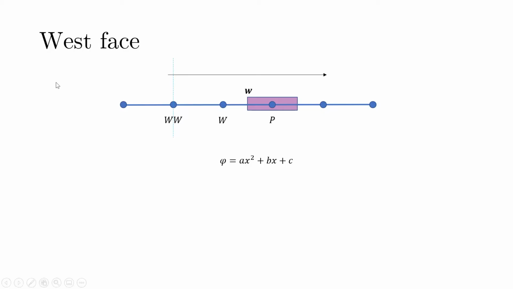What I am doing now, in order to get the values of a, b and c, is I temporarily assume that this point is the origin here, and if my grid spacing is uniform, that is, if the spacing between WW and W is h and between WW and capital P would be 2h correspondingly, then I can have 3 different boundary conditions: at x equals 0 my phi is phi WW, at x equals h, that means this particular point here, my phi is phi W, and at x equals 2h my phi is phi at capital P.